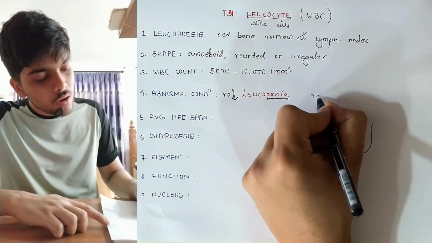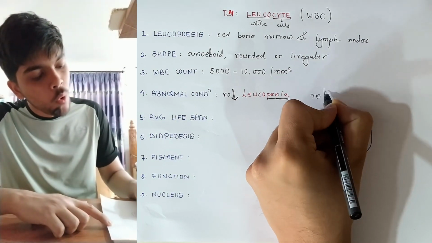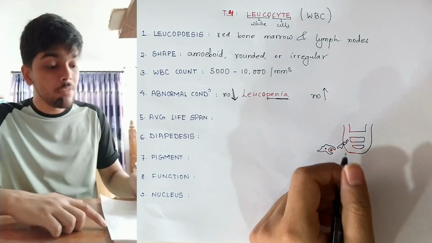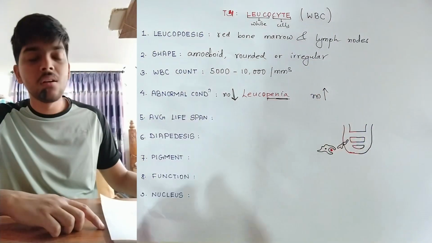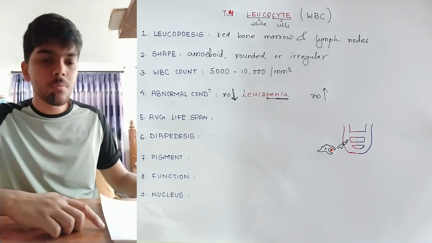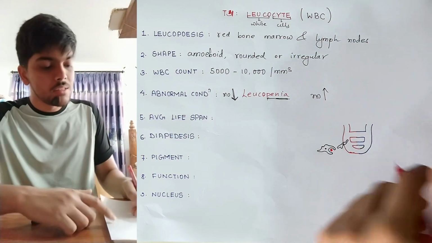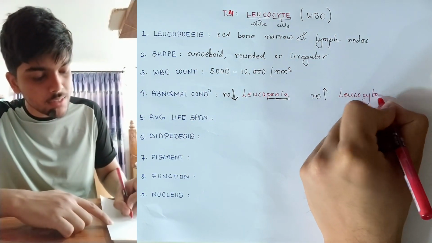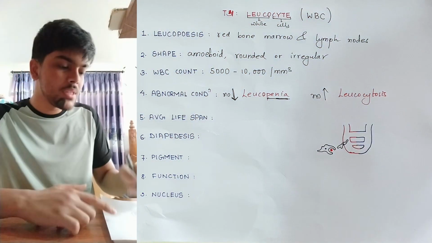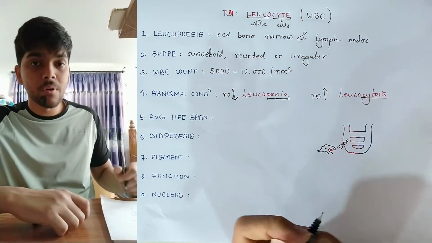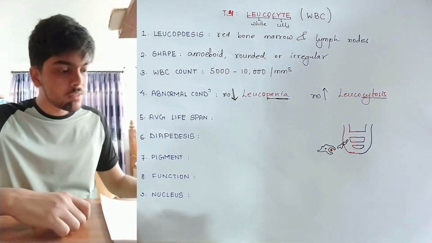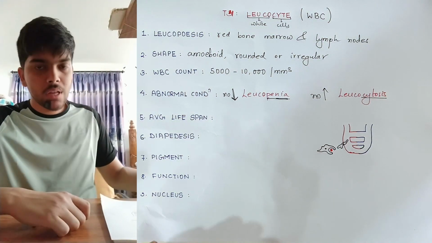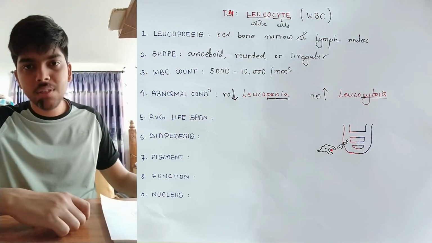If the count is more than the normal WBC count, then that particular condition is leukocytosis. When you see the part cytosis, you could remember it as being more, because when WBC count is more than normal, it's leukocytosis.